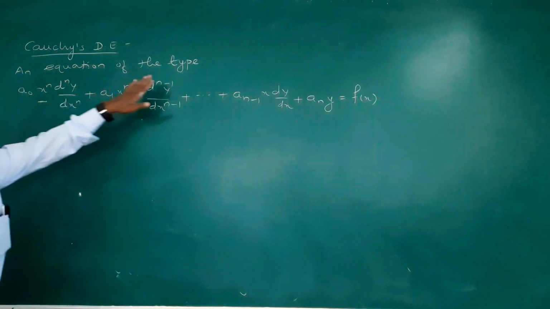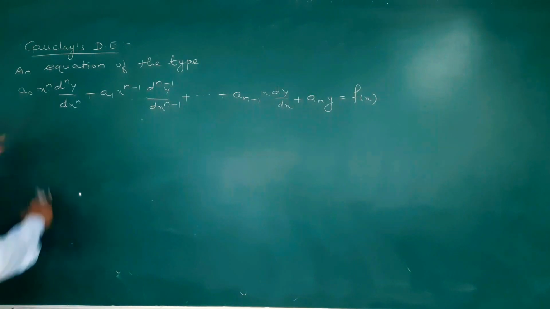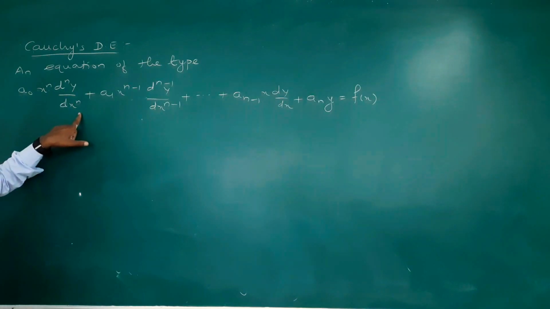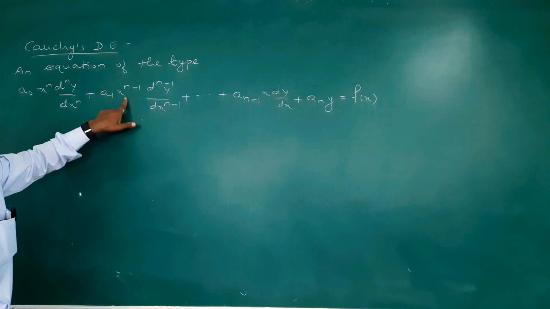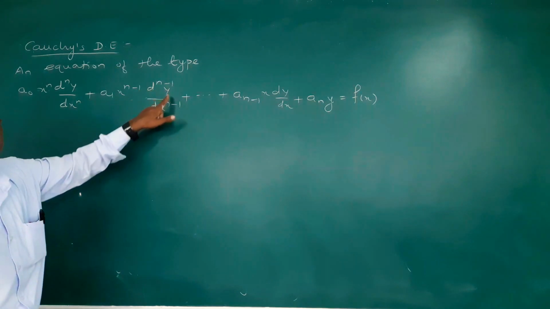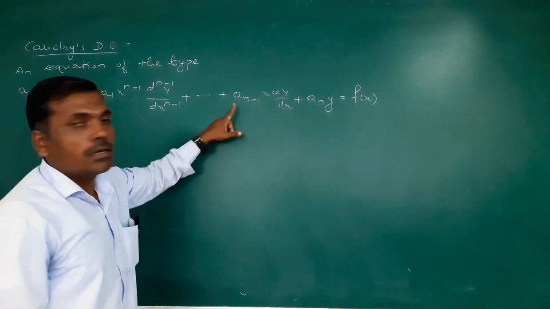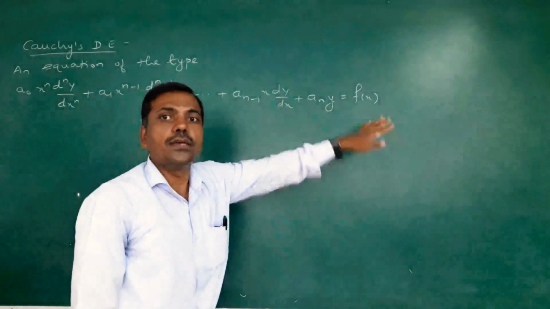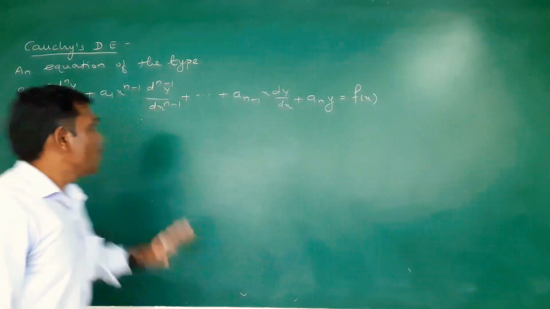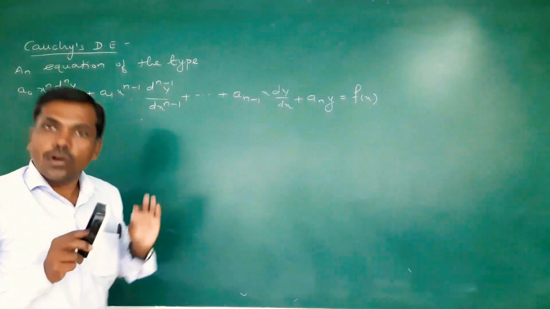An equation of the type a0 x raised to n d raised to n y by dx raised to n, write it down properly, plus a1 x raised to n minus 1 d raised to n minus 1 y by dx raised to n minus 1 plus, up to, an minus 1 x dy by dx plus an y is equal to f of x, where a0, a1, an are constants.